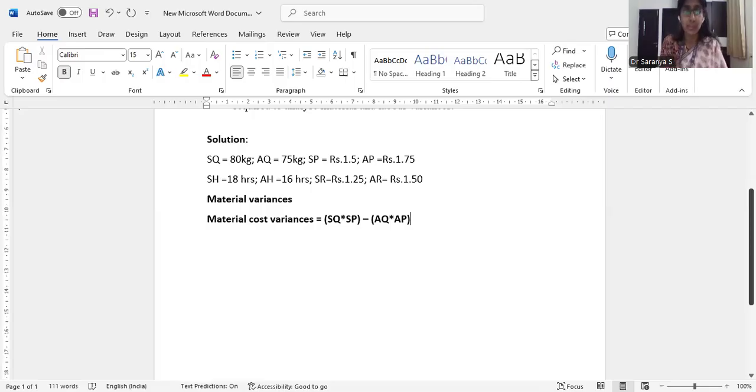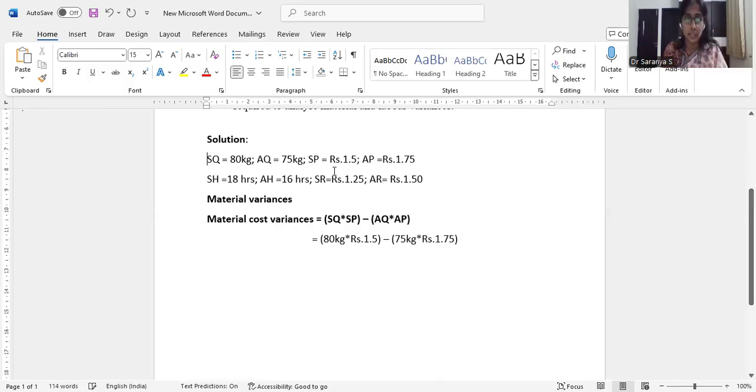So here we are going to put all the numbers into the formula. What is SQ here? 80 kg, into standard price rupees 1.5, minus actual quantity here is 75 kg, into actual price rupees 1.75.